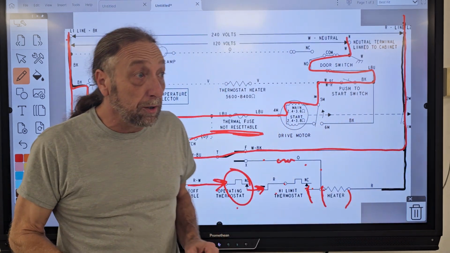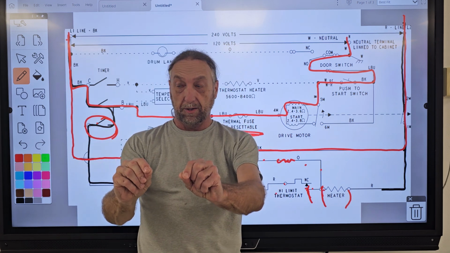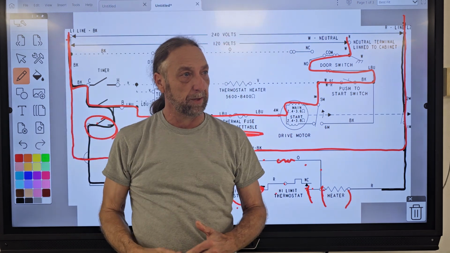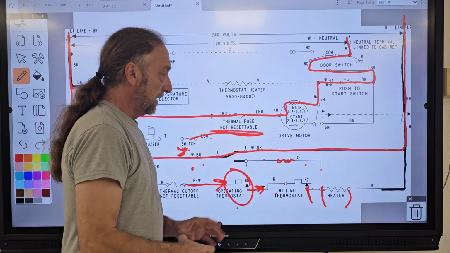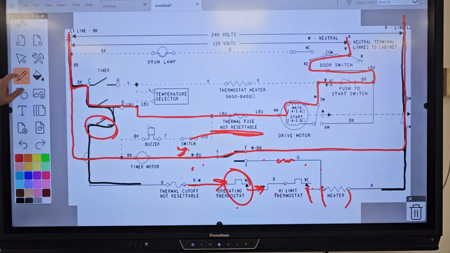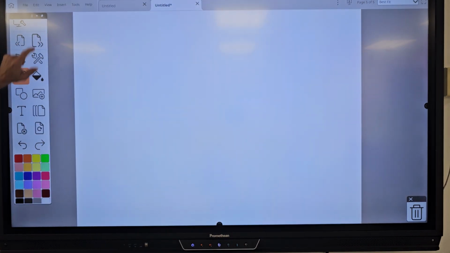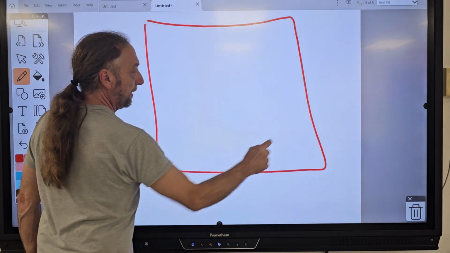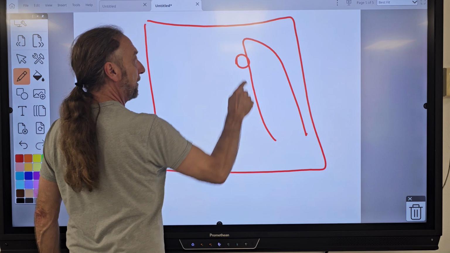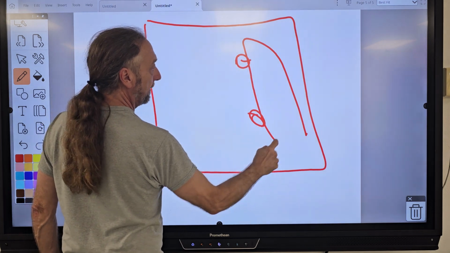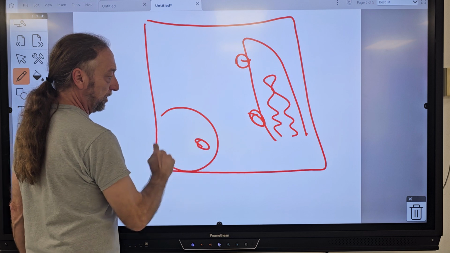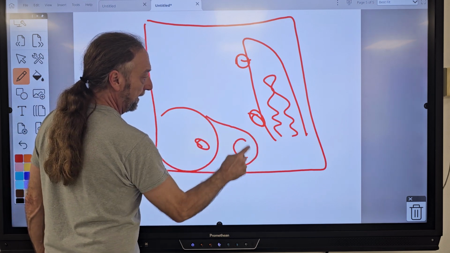Now, you could go to the heater and go like this, and like this, and like this, but the problem is that on the back of a Whirlpool dryer, you have the heating element here, you have a thermal cutoff here, a high limit thermostat, your elements here, and your operating thermostat here where your blower fan is and the air comes out.